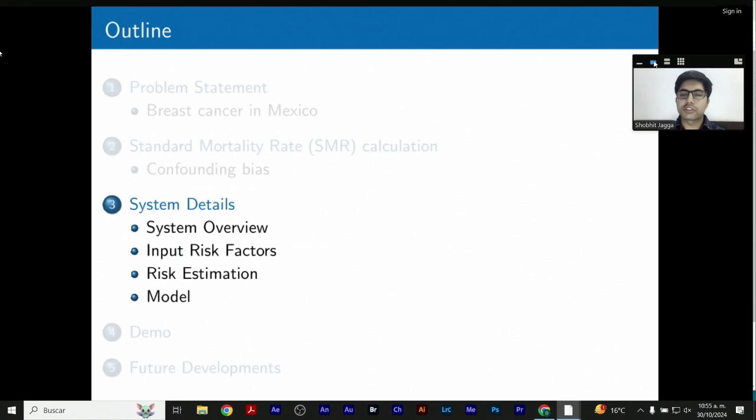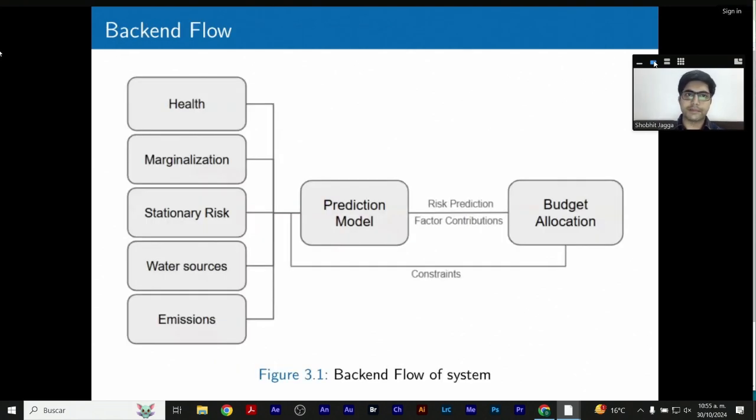Let us now focus on the details of the system and the prediction model. So this is the backend flow of the system. There are different sources which feed their input to the prediction model. These sources are different health resources, marginalization of an area, stationary risk sources like brick factories, carpentry, biomass, etc., water sources, and emissions.